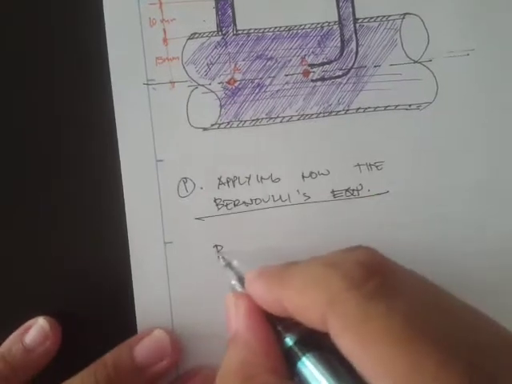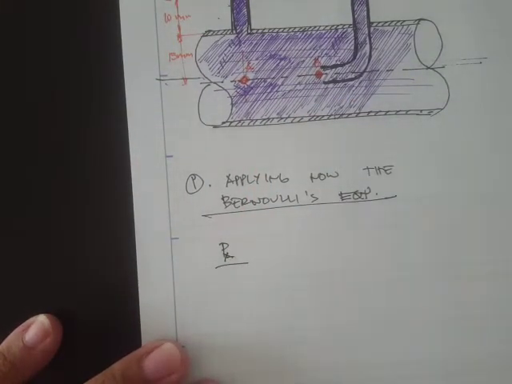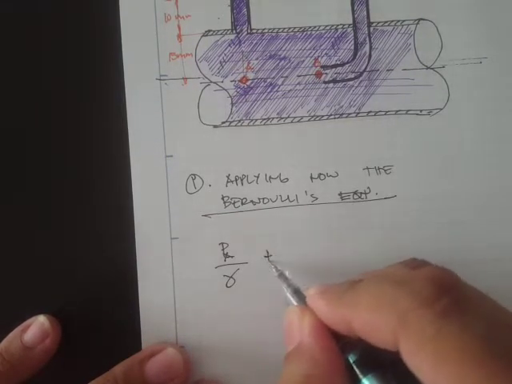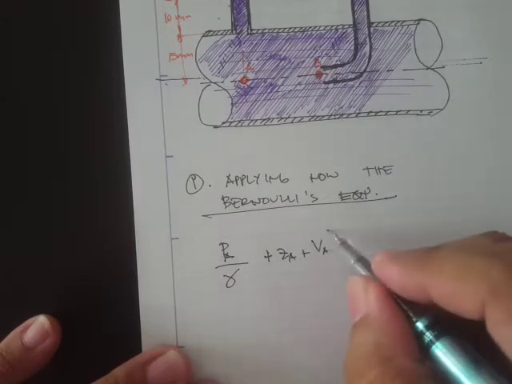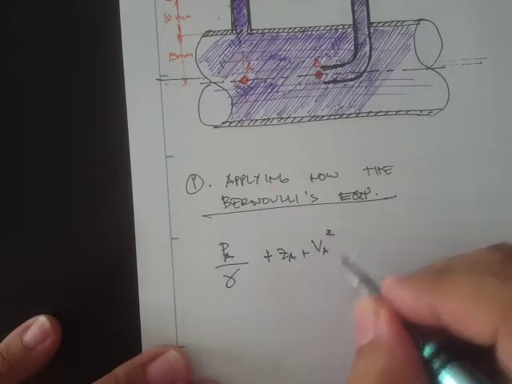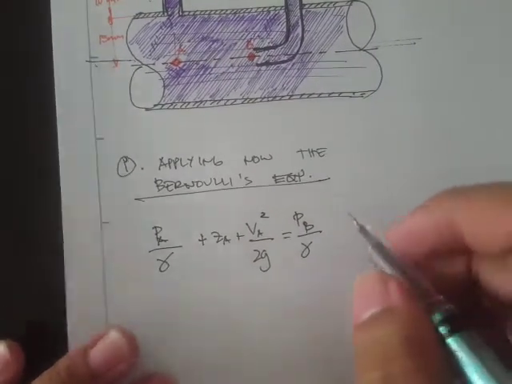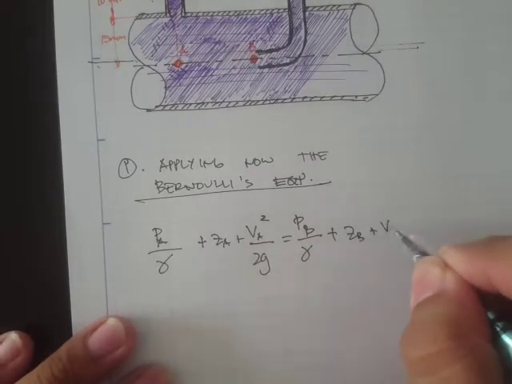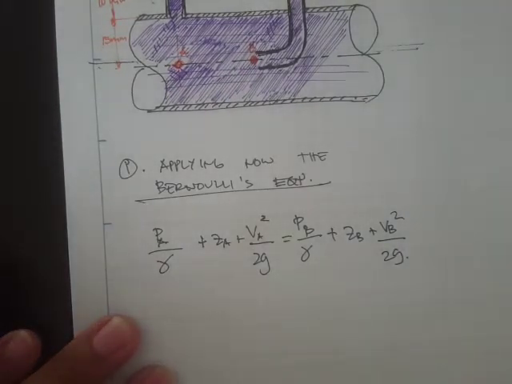P_A over rho g plus z_A plus the velocity at A squared over 2g is equal to P_B over the unit weight plus the elevation head plus the velocity head over 2g.